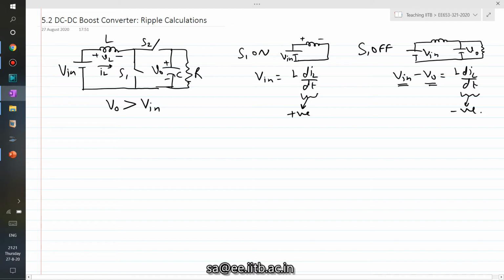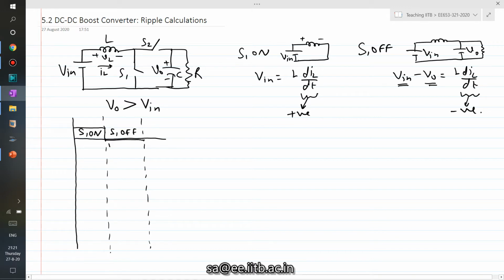With this basic information, we can draw the inductor current waveform. Let's say this is S1 on, this is S1 off, and this point is dTs and this point is Ts. We draw the inductor current now.